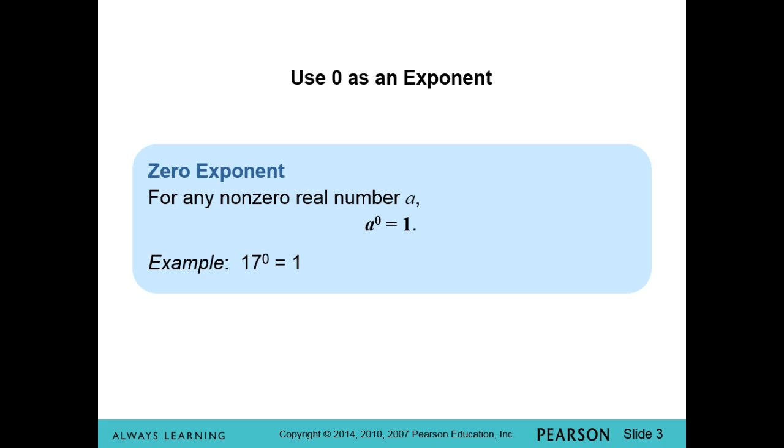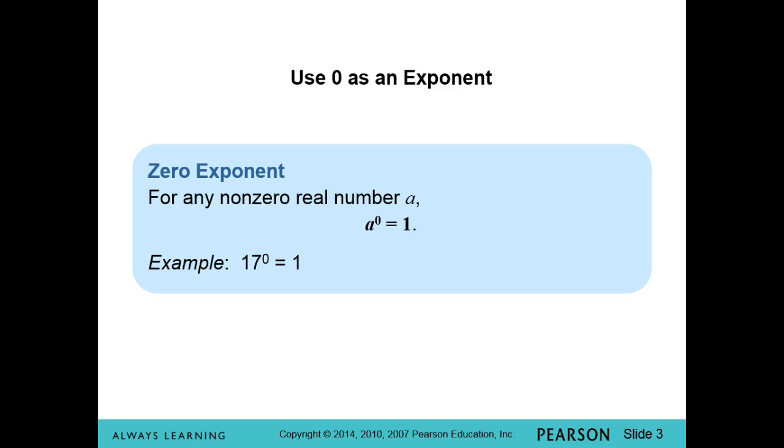You just can't do it. But any other number, 0.000000001 to the 0th power is 1. Any non-zero real number raised to the 0th power has a value of 1.